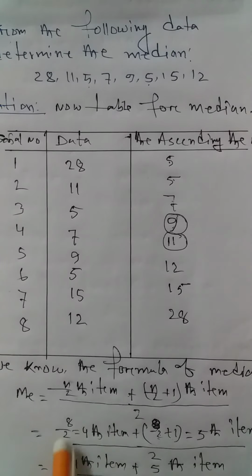The n means 8. 8 divided by 2 is the 4th item. 8 divided by 2 plus 1, 4 plus 1, is the fifth item. 4th item plus 5th item divided by 2. The 4th item is 9 plus the 5th item 11. Now add the 2 items, that is 20. 20 divided by 2 is 10. 10 is the median. So this is the way to find the median of even data.